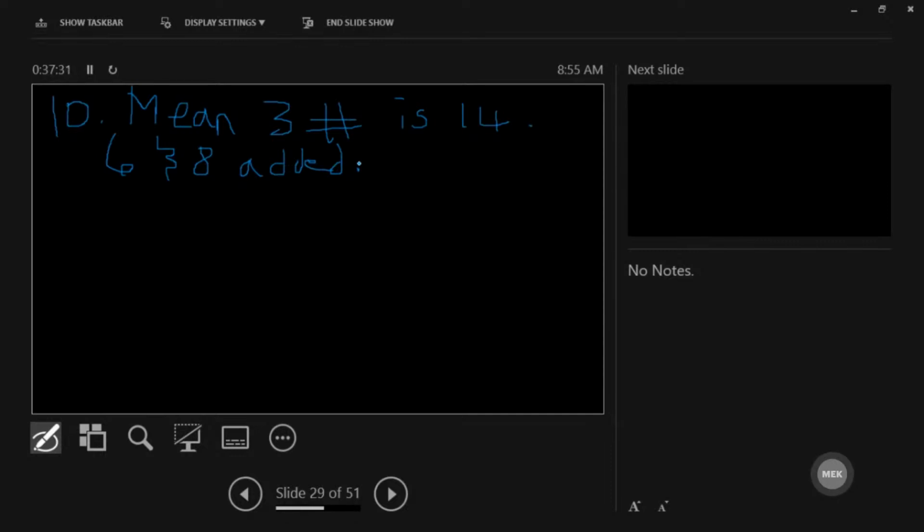So what is the new mean? The mean of three numbers is 14. 6 and 8 are added. What is the new mean?